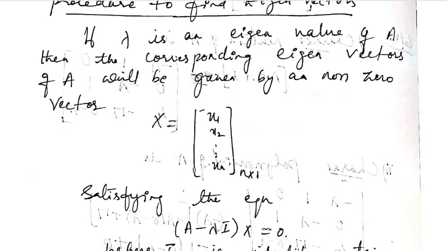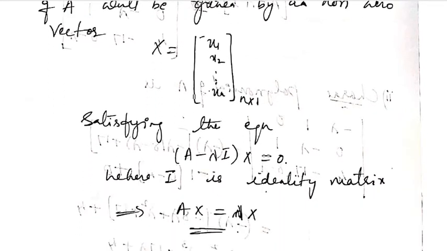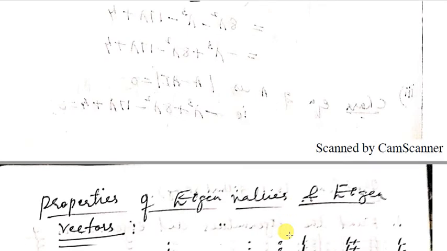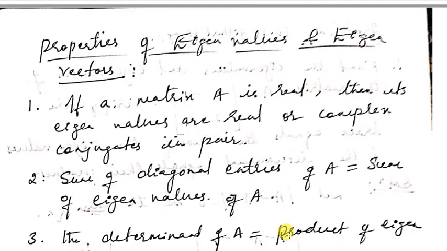So we have to consider the matrix equation A minus lambda I times x is equal to 0, which gives Ax is equal to lambda x. So let me take a few examples. Here I have written a few properties of eigenvalues.